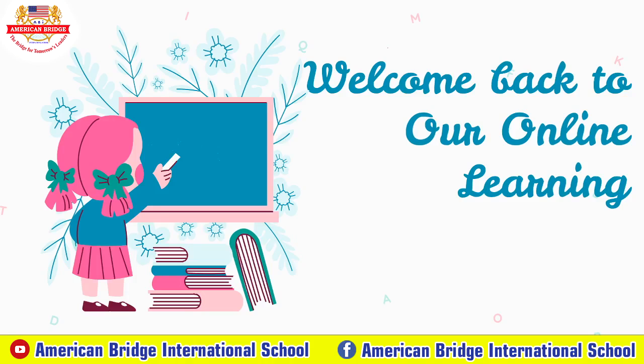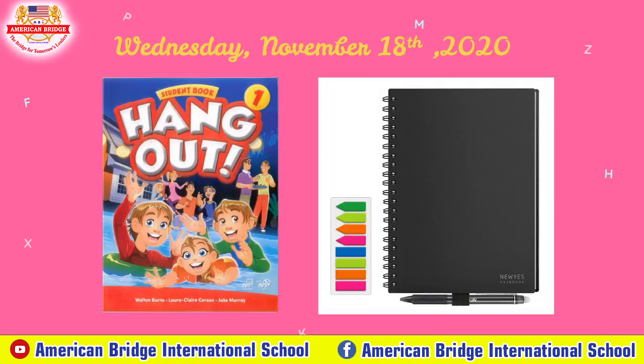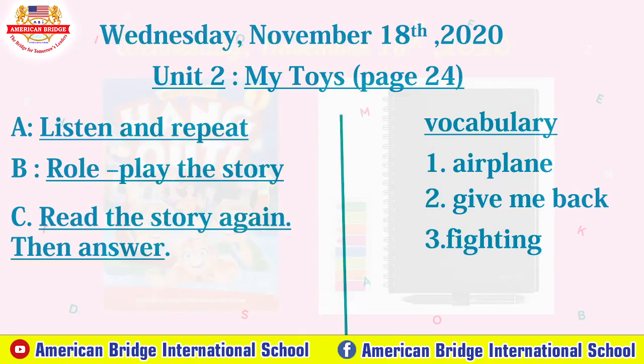Okay, so right now let's move to our lesson for today. But before we start our lesson, teacher wants you to prepare your materials, like the student book Hangout, and another one is a notebook and pen, right? Before we start, teacher wants you to read the date with teacher first.